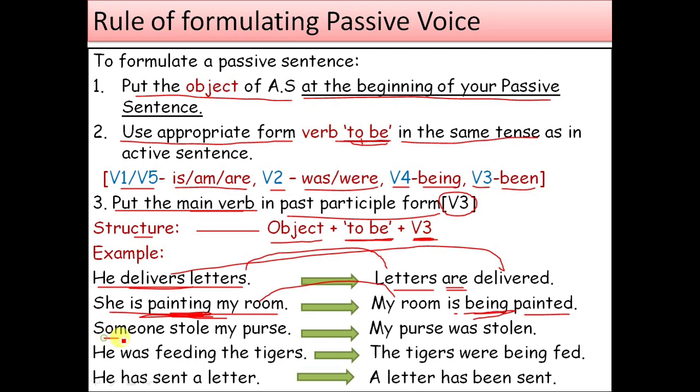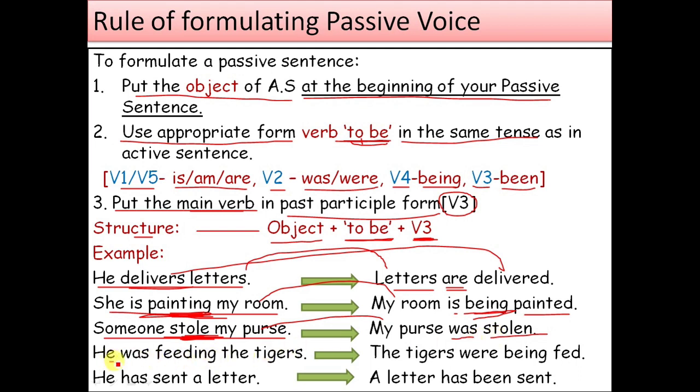Similarly, someone stole my purse. So object first, my purse. Stole is V2 or past, therefore we have to use the appropriate form of to be verb, that is was. My purse was stole, and the V3 form of it is stolen. My purse was stolen.